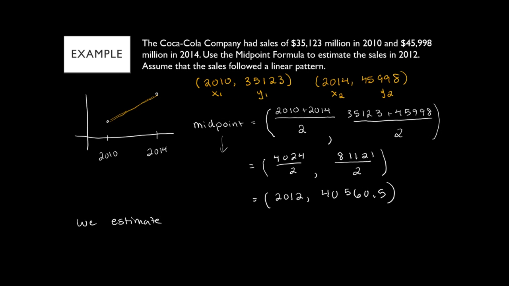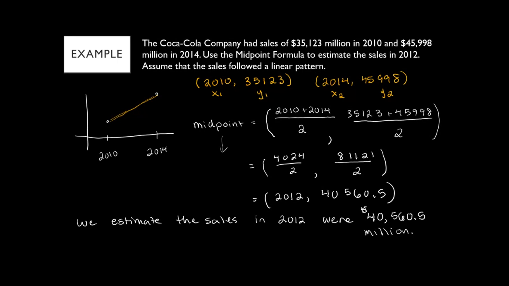We estimate the sales in 2012 were, a little better W here, and then I've got my dollar sign, I put my number, and then I need to include the units here, which is million.